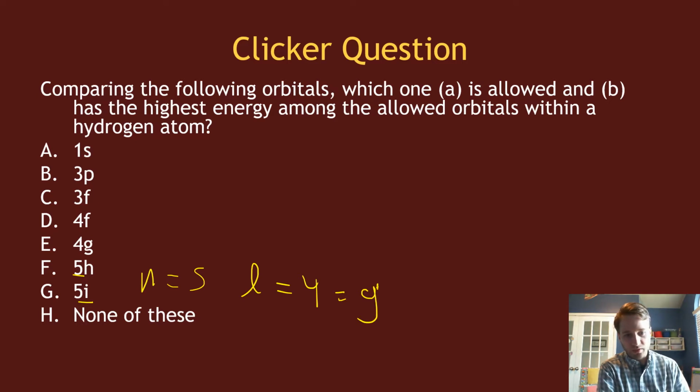And so these 3 orbitals here, 4G, 5H, and 5I, do not exist. Neither does the 3F orbital, that is not a valid orbital. And so 4F here is the highest energy orbital that does in fact exist.